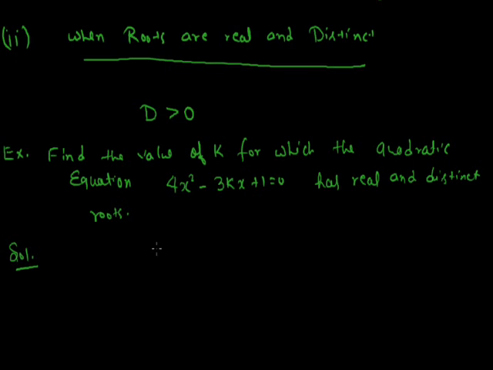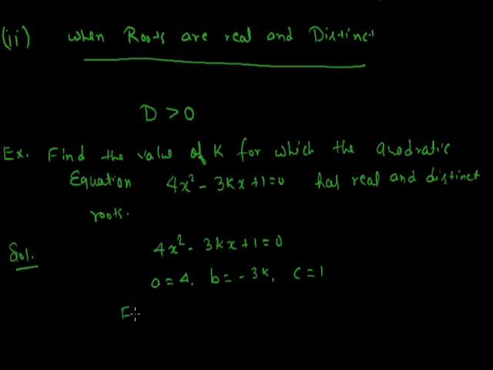Now solution for this: 4x square minus 3kx plus 1 equal to 0. So here a equal to 4, b equal to minus 3k and c equal to 1.